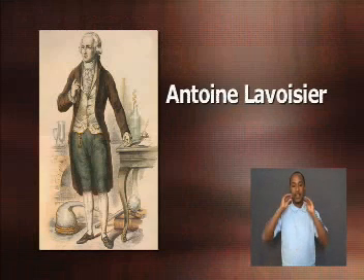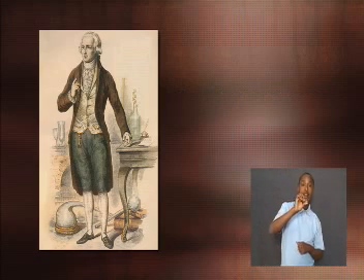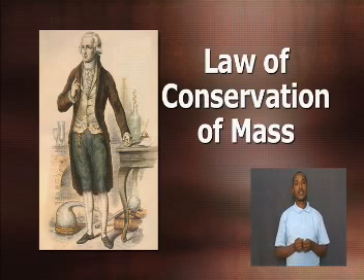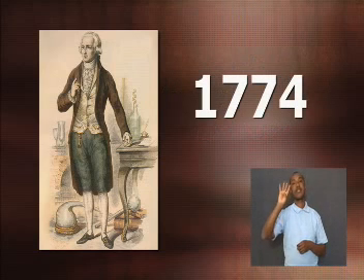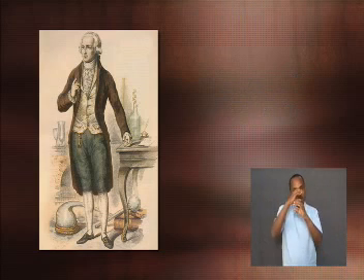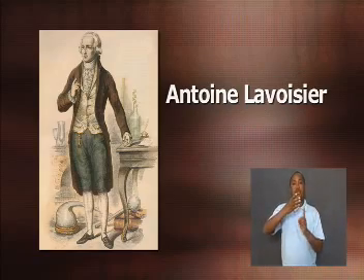French chemist Antoine Lavoisier discovered the law of conservation of mass in 1774. During an experiment, Lavoisier heated a sealed glass container that had a piece of tin and some air inside.